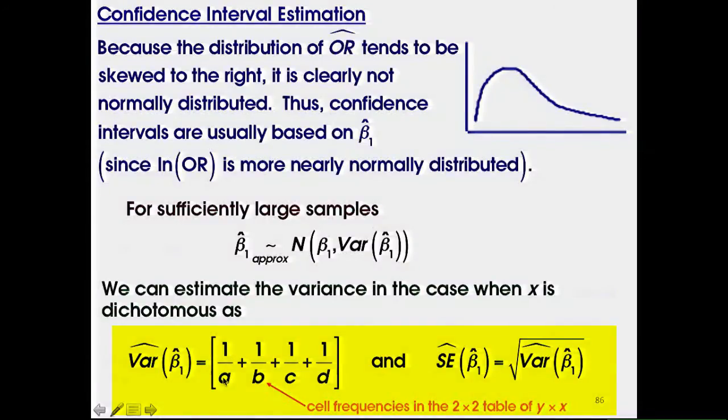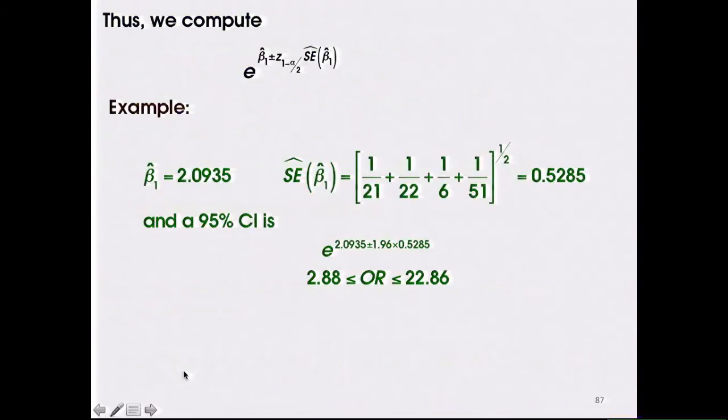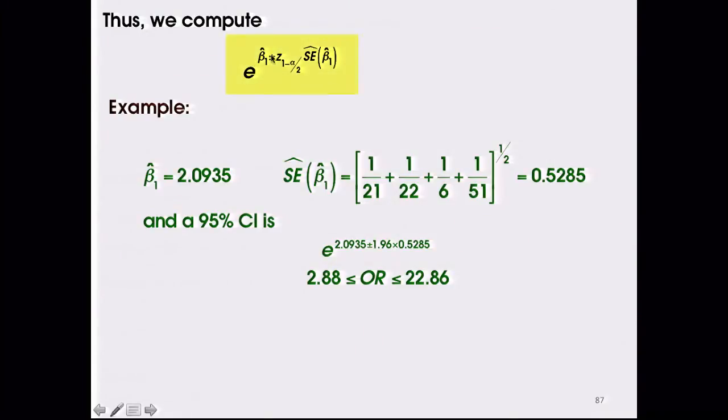It's just the reciprocal of the cell counts added up: 1 over A plus 1 over B plus 1 over C plus 1 over D. The standard error is simply the square root of the variance. This is a very commonly used technique: people take the log of the odds ratio plus or minus C times the standard error, exponentiate, and they get the confidence interval.